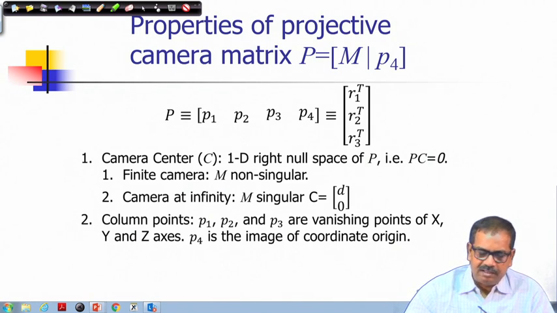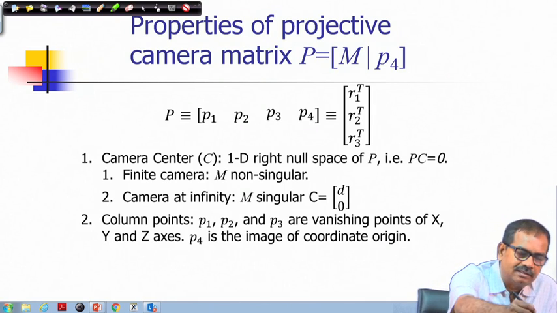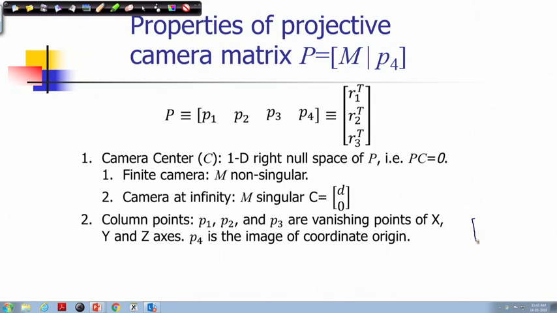For example, the x axis direction is given by 1 0 0, and a point at infinity along that direction should be expressed by concatenating another 0 in the homogeneous coordinate dimension.